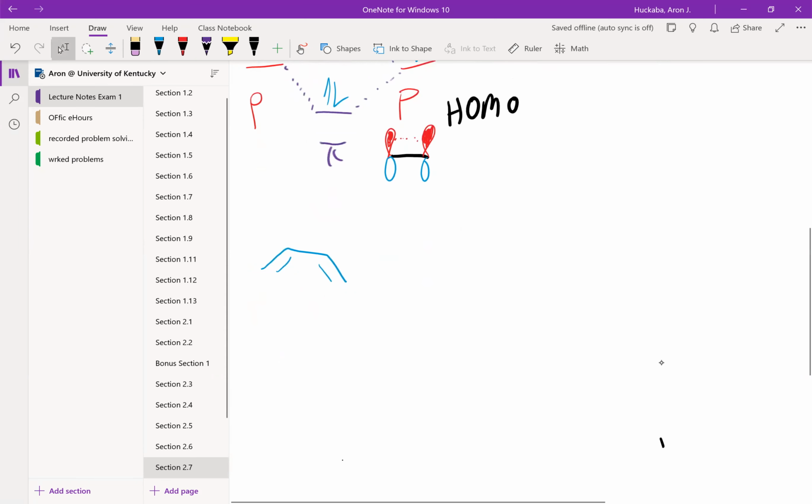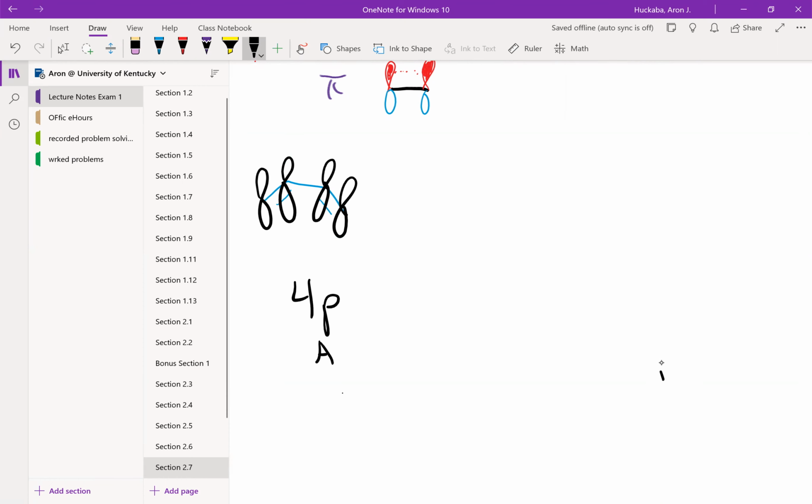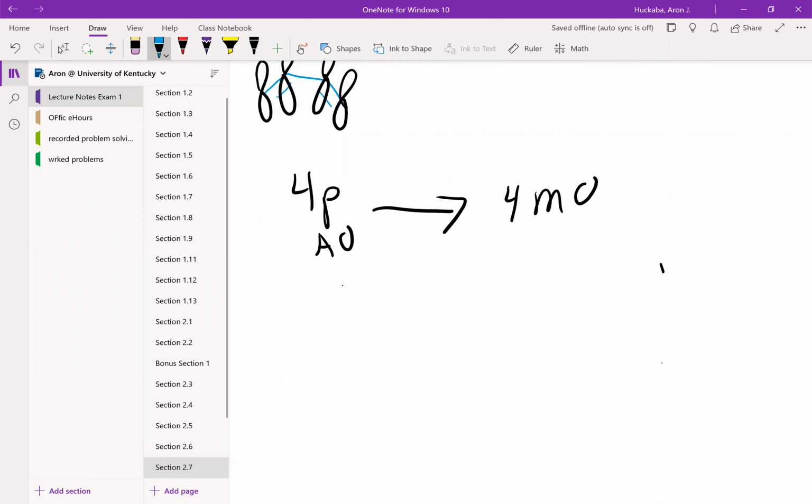So we can use our flashback knowledge and say that instead of mixing two p orbitals this time, we're going to mix four p orbitals, one on each carbon. So we're going to take 4 p atomic orbitals and mix them together to get 4 molecular orbitals. Okay? So let's do that.